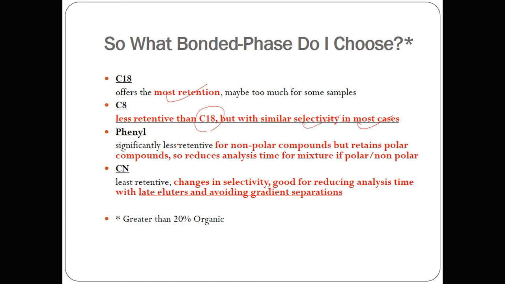It is significantly less retentive for non-polar compounds but retains polar compounds, so it reduces analysis time for mixtures of polar and non-polar compounds. If we take the cyano column, CN column, then it is the least retentive. Changes in selectivity are good for reducing the analysis time with late eluters and avoiding gradient separation.